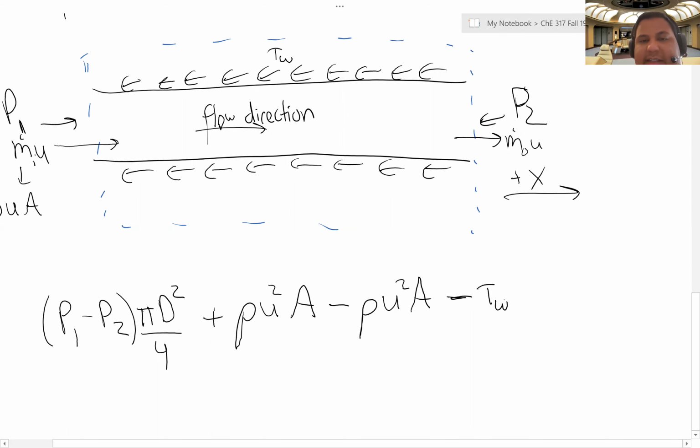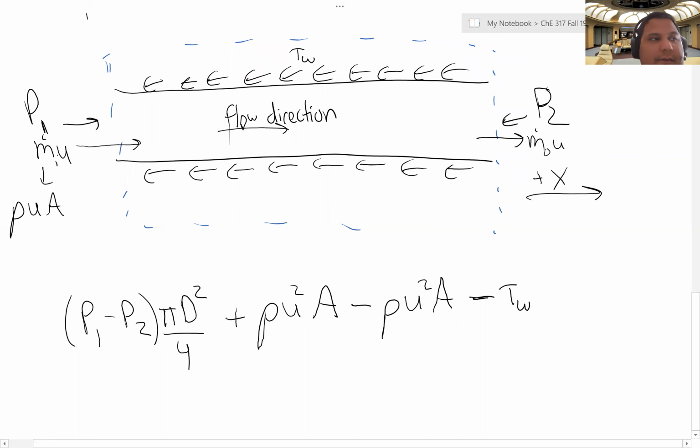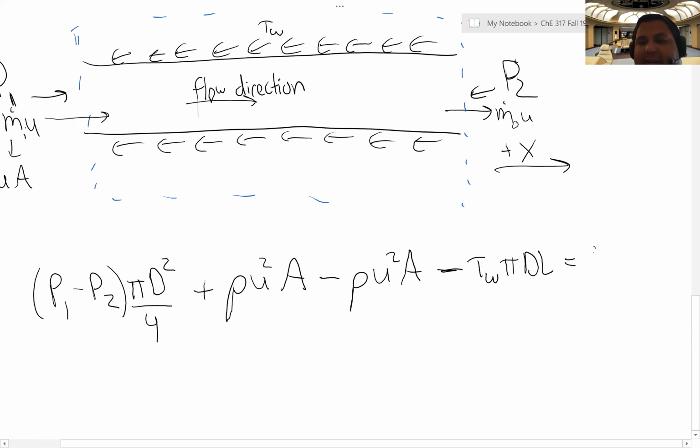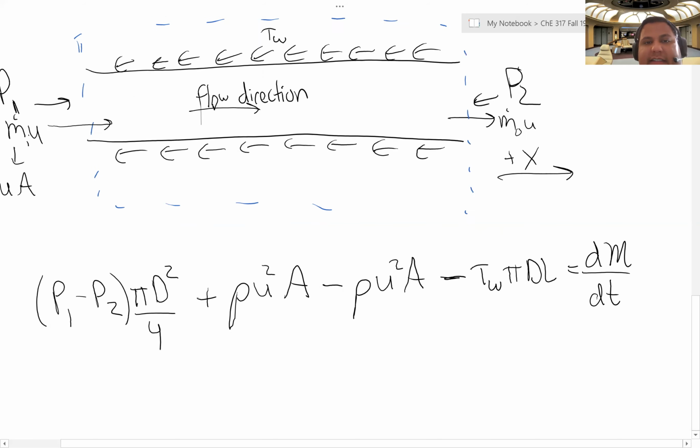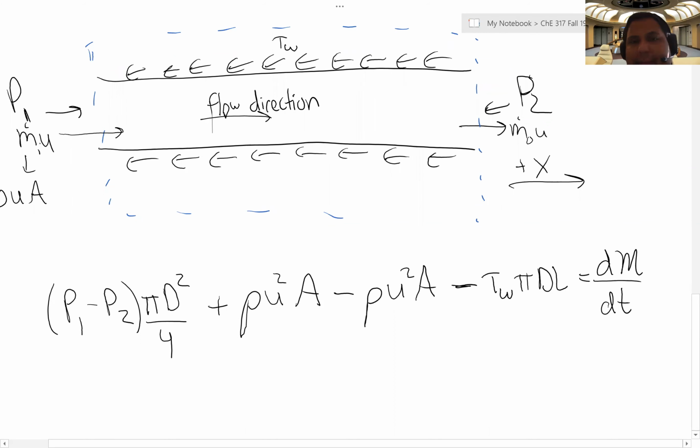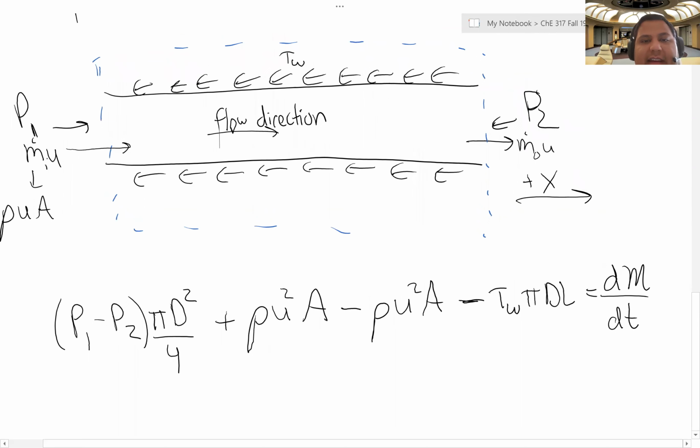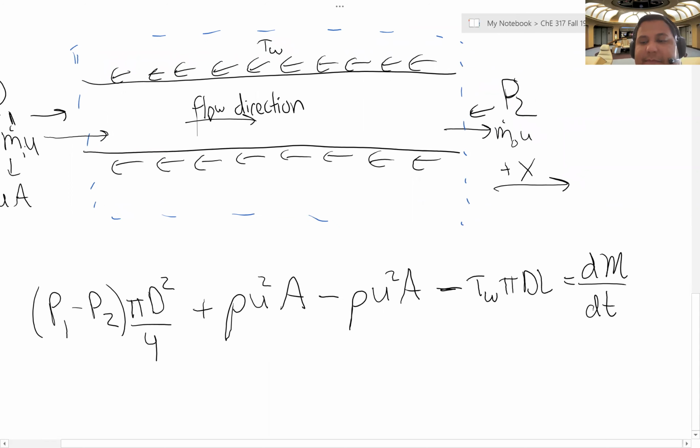And just like pressure, I have to consider what area it's acting upon, which for this system is going to be the surface of the pipe, or pi times d times L. And this is going to equal the change in momentum with respect to time. Now, since I'm looking at a simple flow through a pipe, and if I assume the pipe is not moving, we're not going to get any sort of net increase in momentum, and it's at equilibrium, so I can state that as 0.